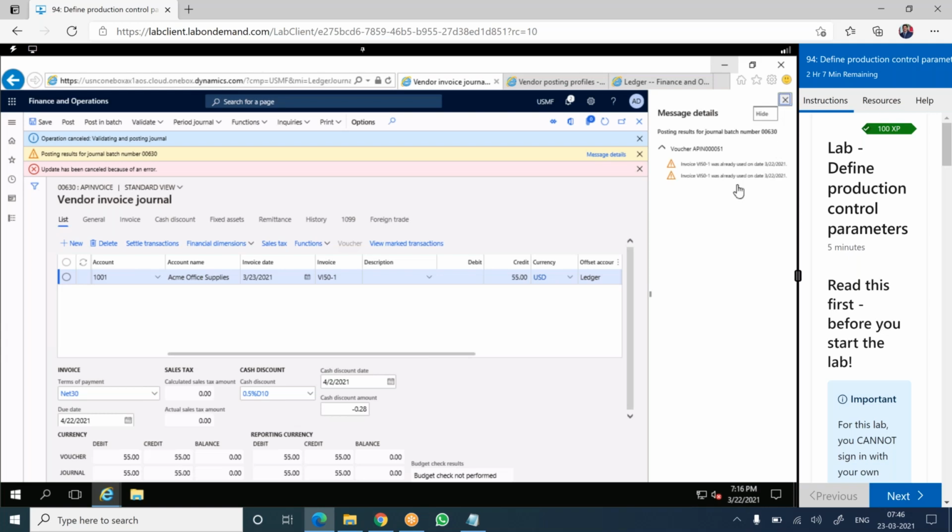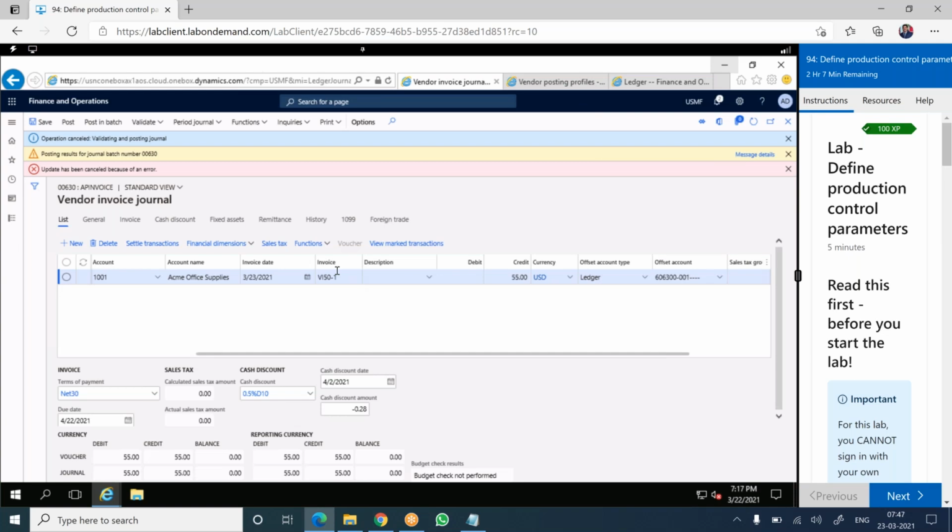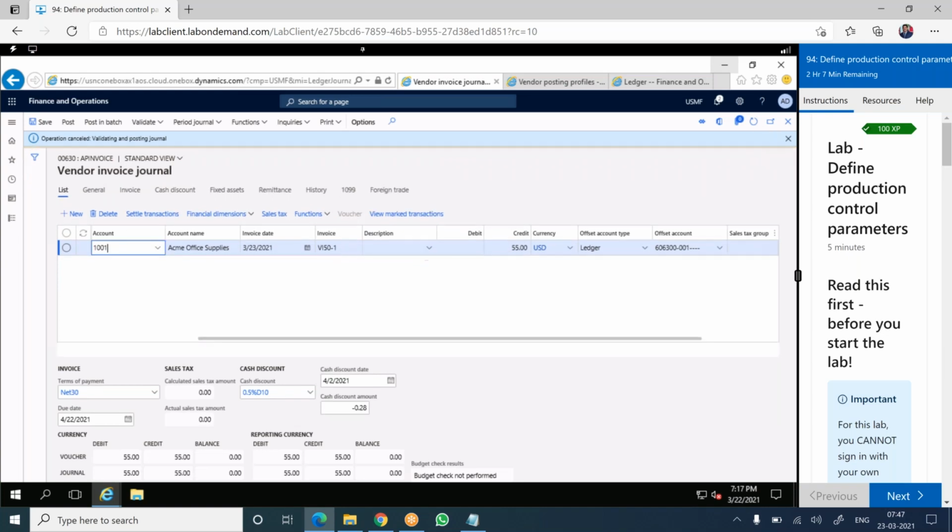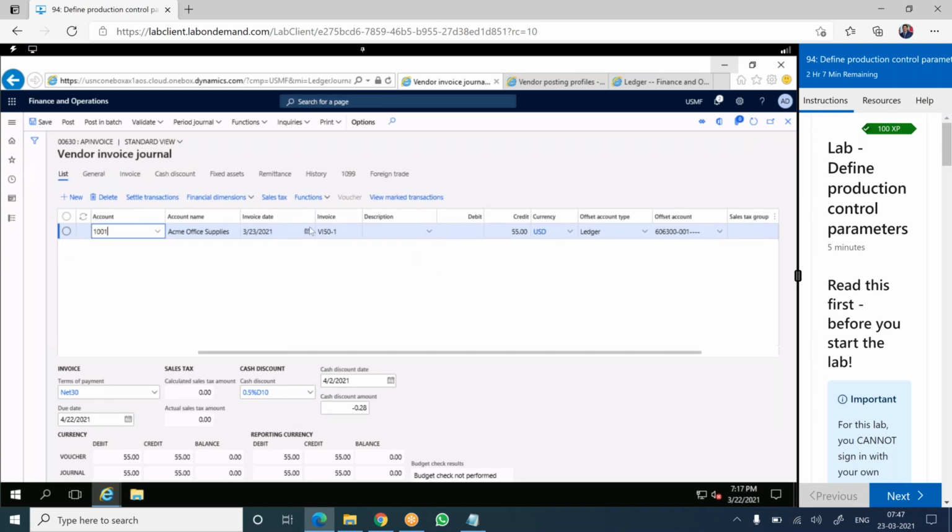So you are not allowed the same number repeatedly, because the invoice has already been generated, which you have already received from the vendor. You are trying to duplicate, which creates problems. So it will not allow you. This is also setups. Based on the setups, it will be processed.